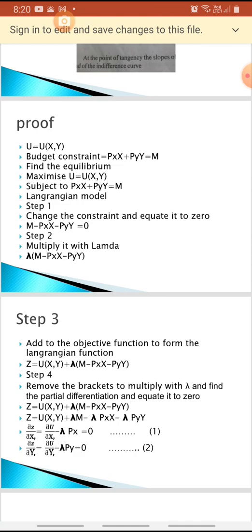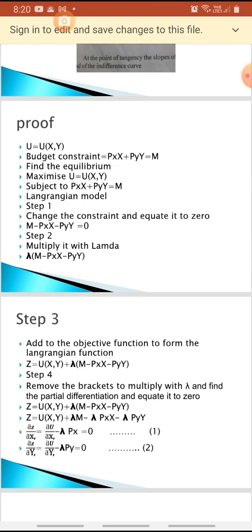Under the Lagrangian method, we have to change the constraint and equate it to 0. So the constraint has to equate to 0. So we can rewrite the constraint as m minus Px x minus Py y is equal to 0.